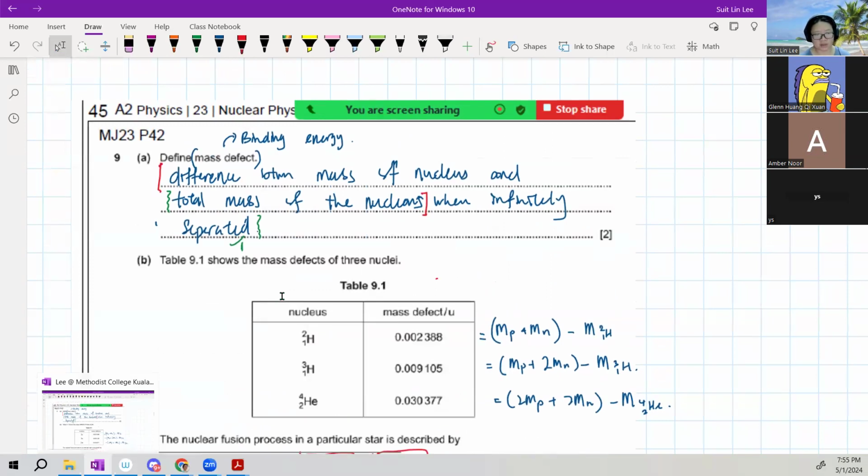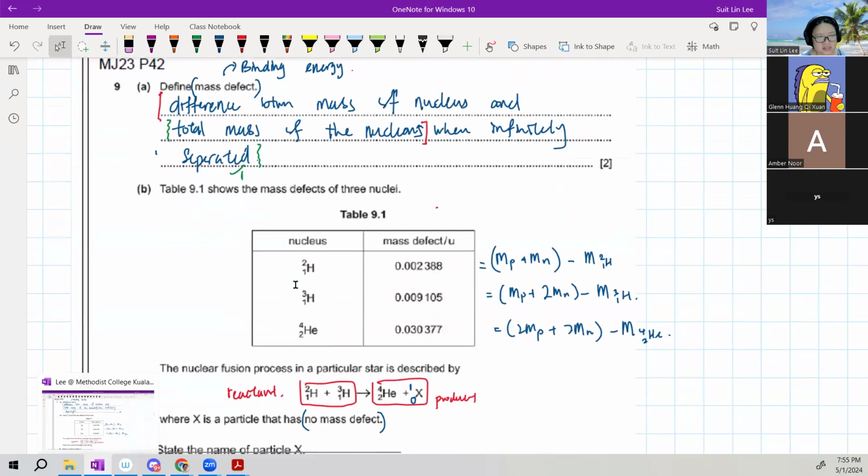To understand what mass defect is, this is deuterium, or hydrogen-2, which consists of one proton and one neutron. This one consists of one proton and two neutrons. This is helium-4, two protons and two neutrons. The mass defect is the mass of the proton plus the mass of the neutron minus the mass of deuterium.